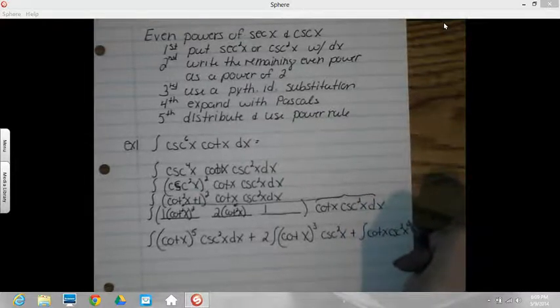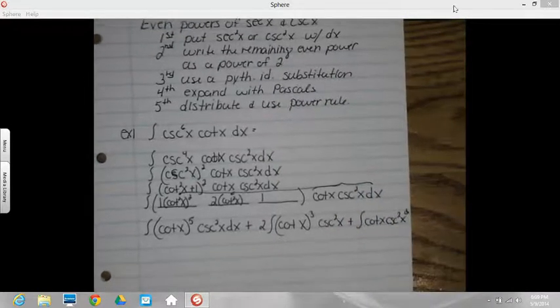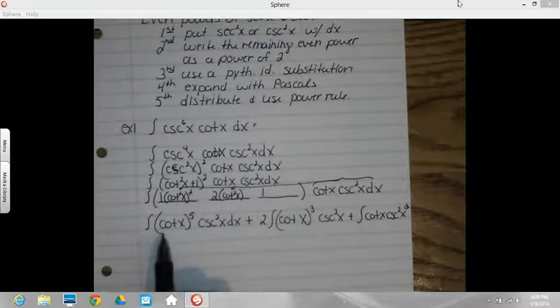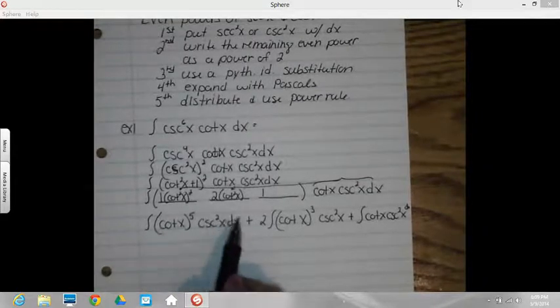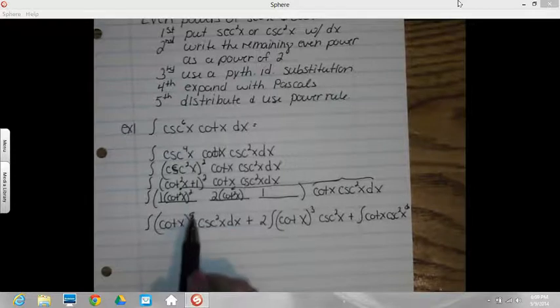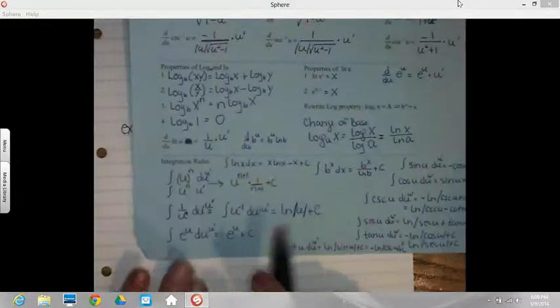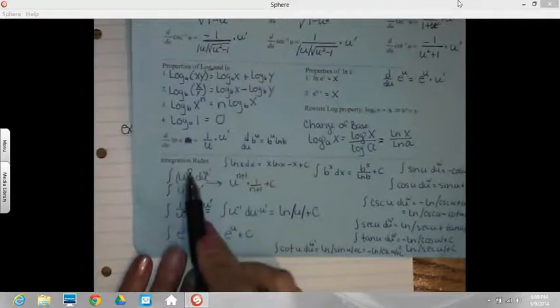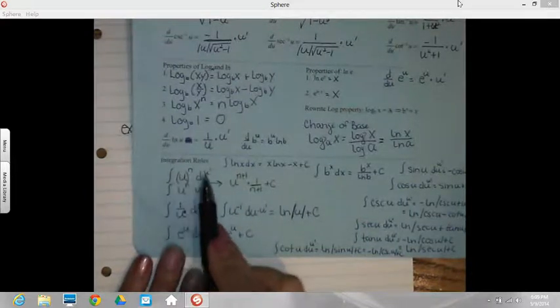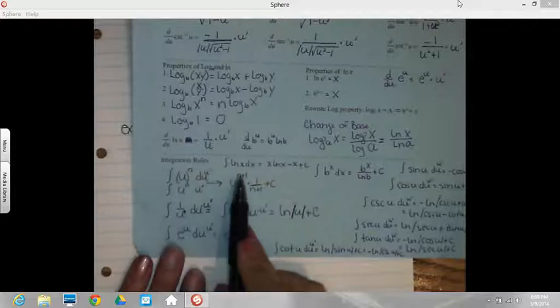Okay, now before I do power rule, I want to make sure that I've got the derivative of the inside over here. I can't do power rule because this is the rule I'm following, remember? You have an inside to a power. As long as the u prime is over here, you do the add 1 and multiply by the reciprocal business.